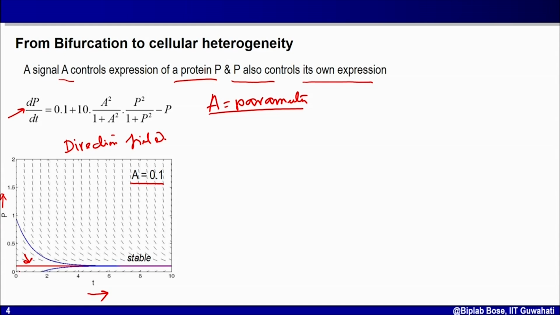The steady state value may be around 0.1 something, and it is stable because if I start from, suppose here, I collapse with time, follow this trajectory and collapse at the steady state. If I start from a lower value, then also I move up and reach that steady state. So from both sides I am reaching towards the steady state, so obviously this is a stable steady state. But notice the value of P is very low, very close to 0, that is around 0.1.